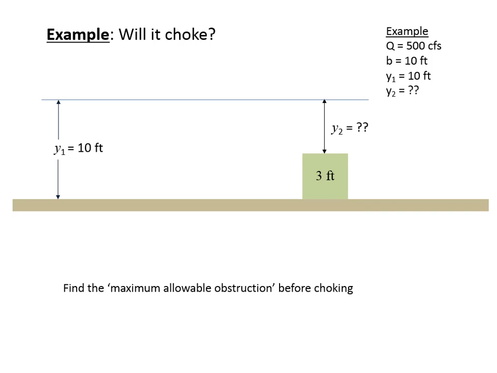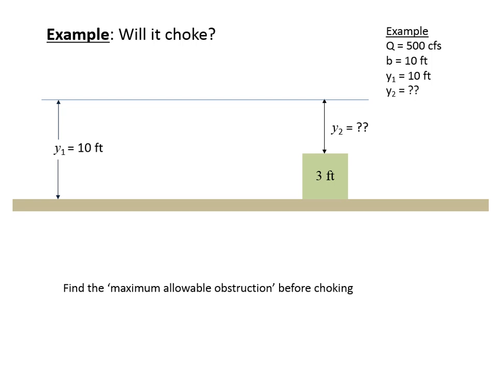Or in terms of the flow rates, it could be Y1 plus Q squared divided by 2g A1 squared minus delta Z equals Y2 plus flow rate squared divided by 2g A2 squared.